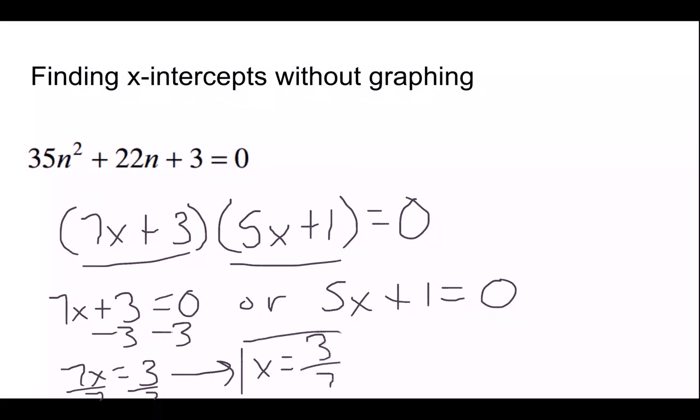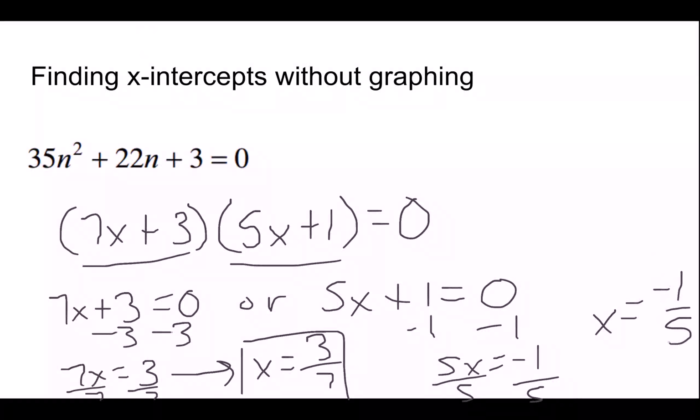And that's one of my answers. We'll solve this side, so subtract 1. Get 5x equals -1. Divide by 5, and x equals -1/5.